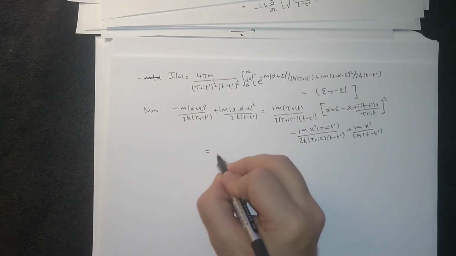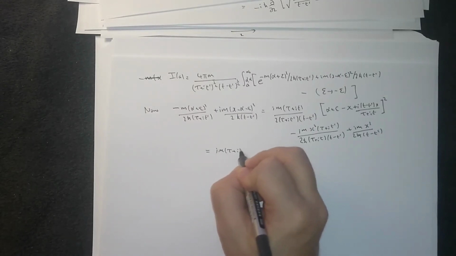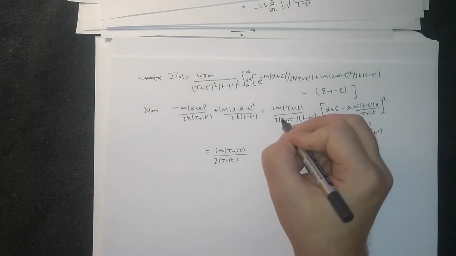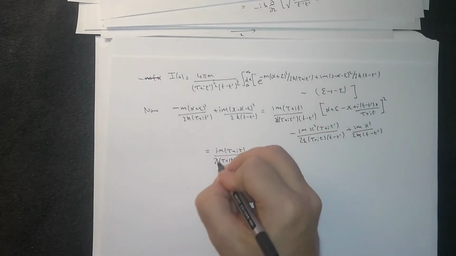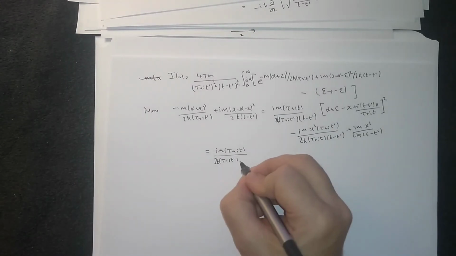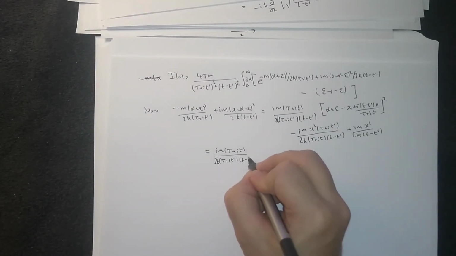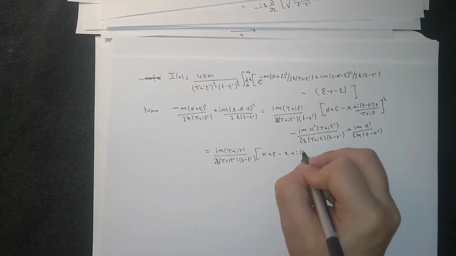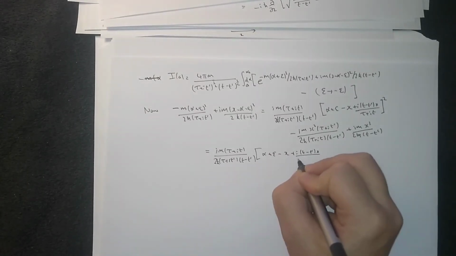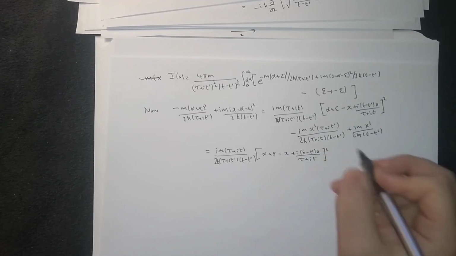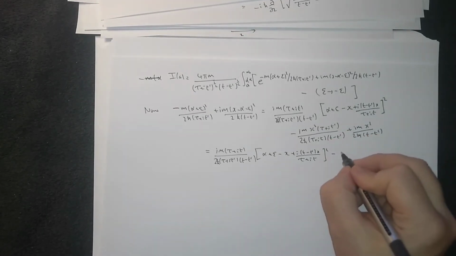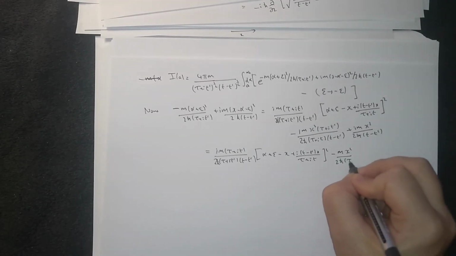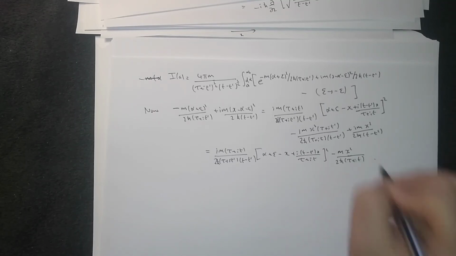So that's I m tau plus I t over 2 h bar t minus t prime. There should be an h bar there. T minus t prime into alpha plus epsilon minus x plus I t minus t prime x over tau plus I t all squared. And combining these two gives me minus m x squared over 2h bar tau plus I t, and that is it.